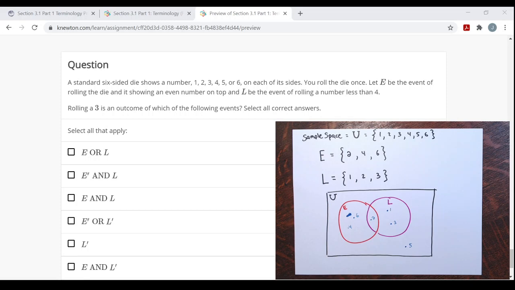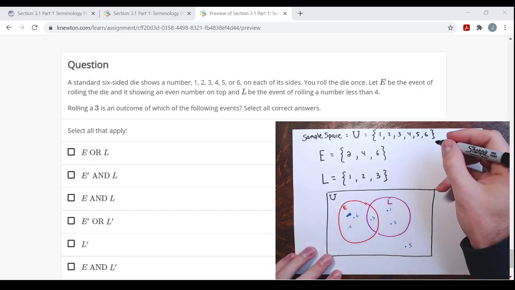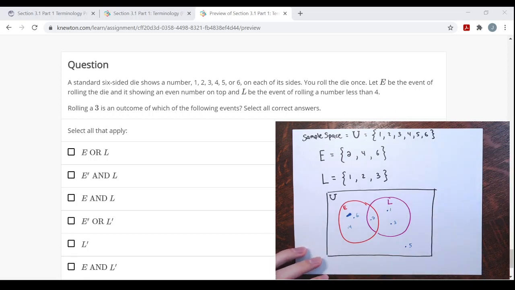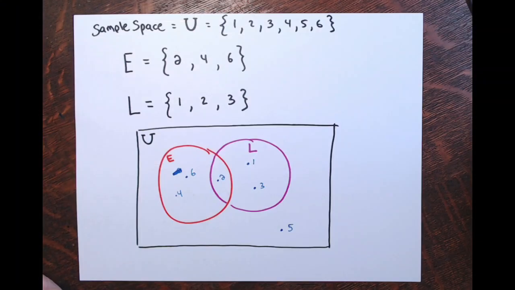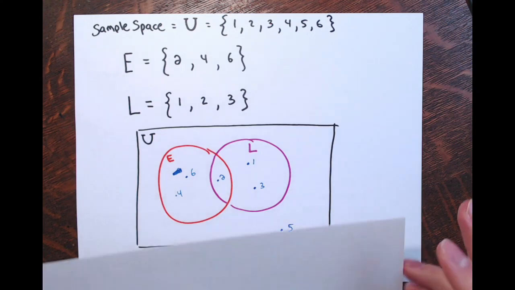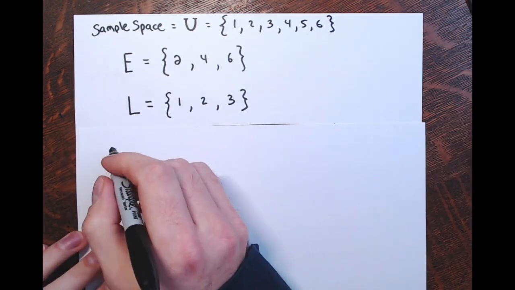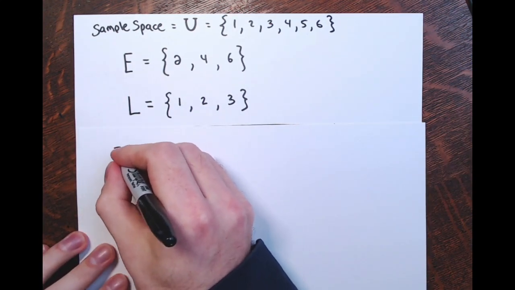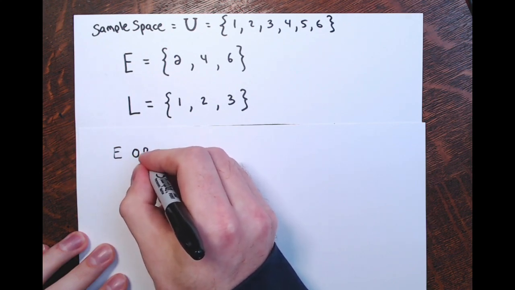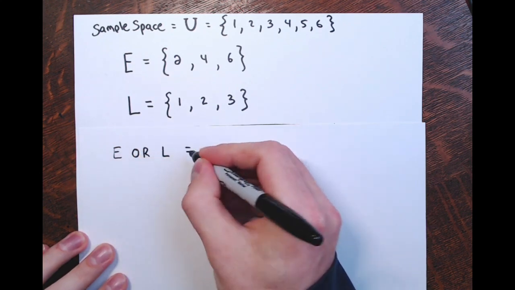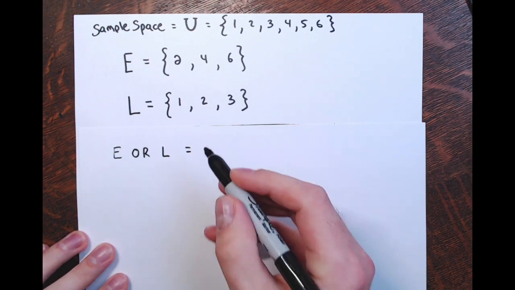Now what we're looking at here, I'll run through these. Let me blow this up a bit. Let me take it to the big screen. So the first thing they want from me is E or L. Remember this or.